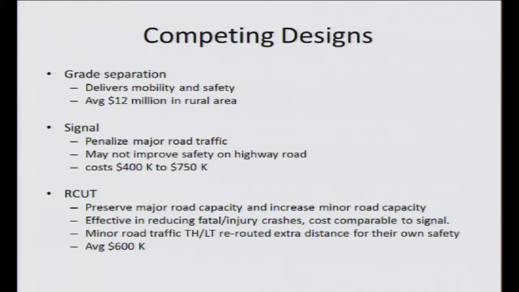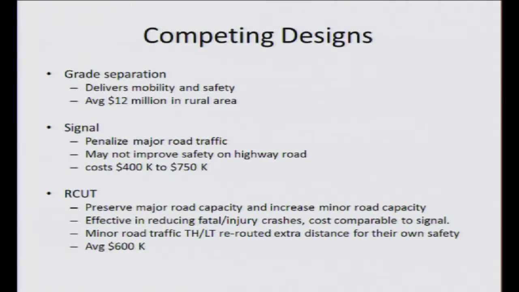So, competing designs, you've got three options, okay? This is the one that the state DOT would propose to solve the safety problem and also the capacity problem for the minor road. And the local citizens, in many public meetings, at any location they go to, this is what they will fight for, okay?